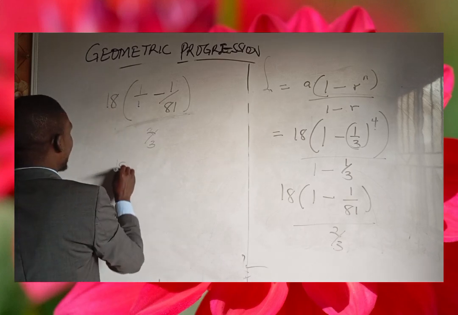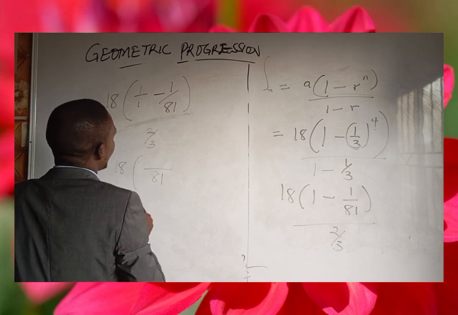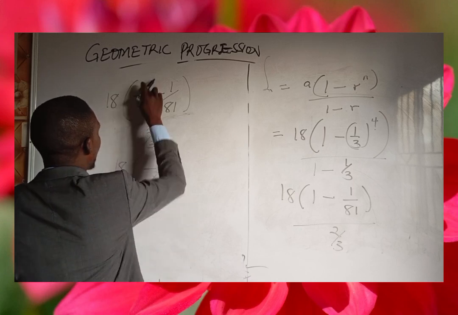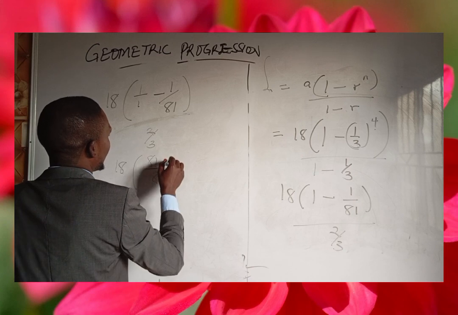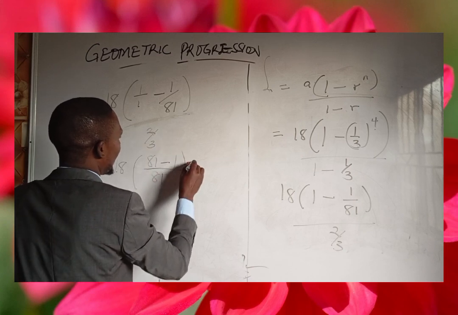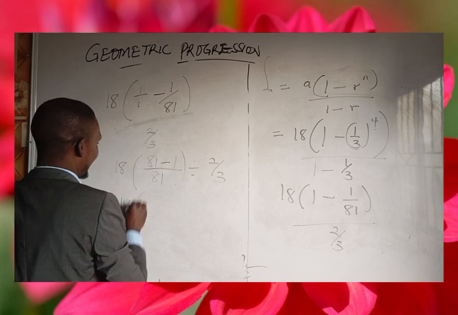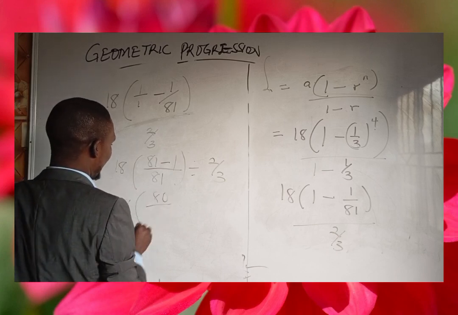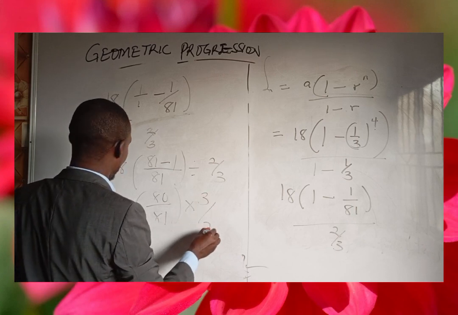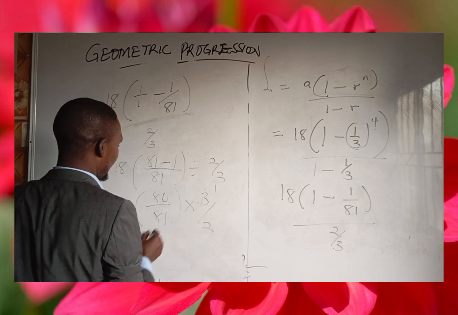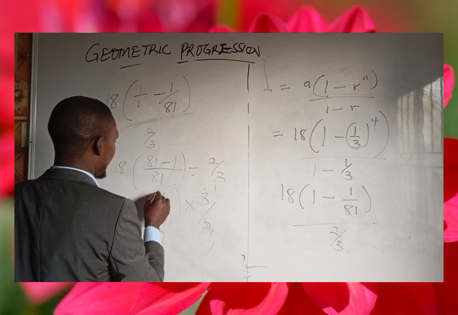This is the same as 18 into 81, 1 in 81 is 81, 81 times 1 is 81, minus 1, divided by 2/3. So this is 18 into 80 over 81 times 3/2. 3 here 1, 3 here is 27. 2 here 1, 2 here is 40.